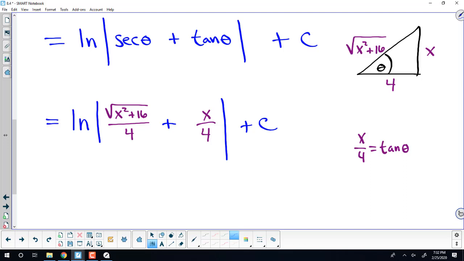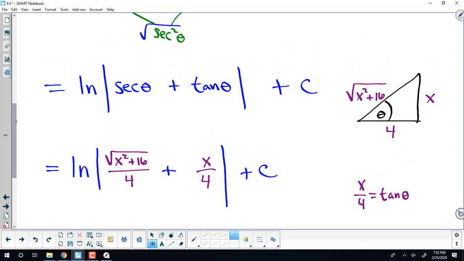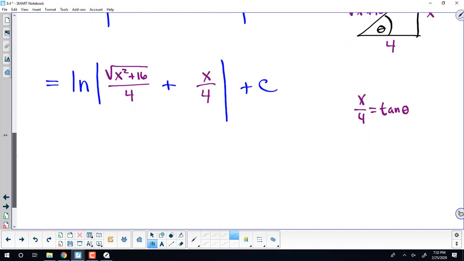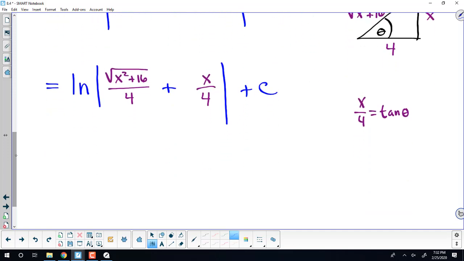We can actually simplify this a little bit more, but does anyone have any questions on where we're at this point? Okay. So we could just throw this in and evaluate it from 0 to 1.